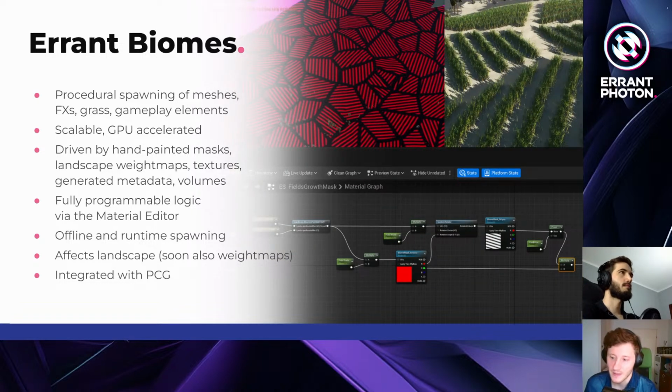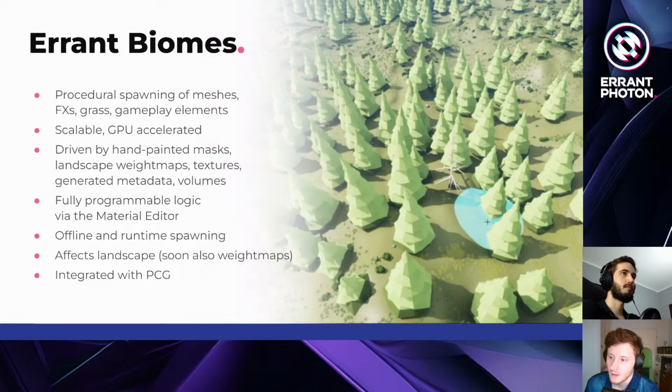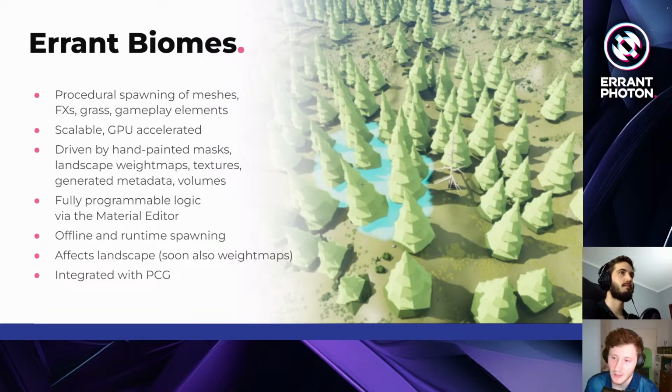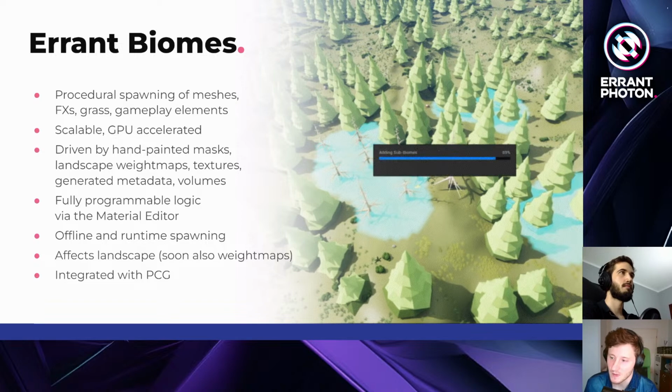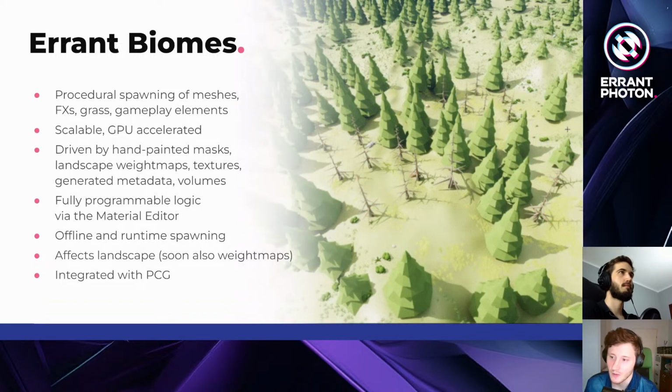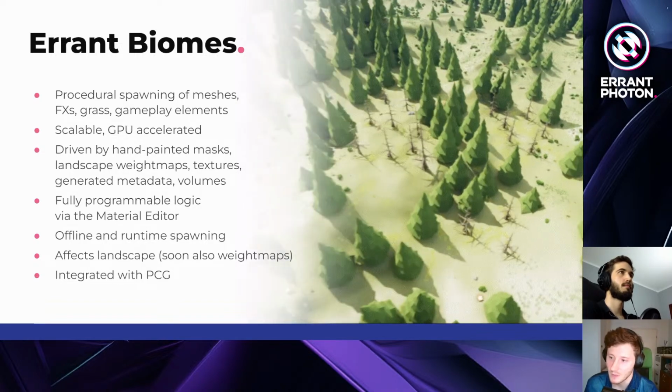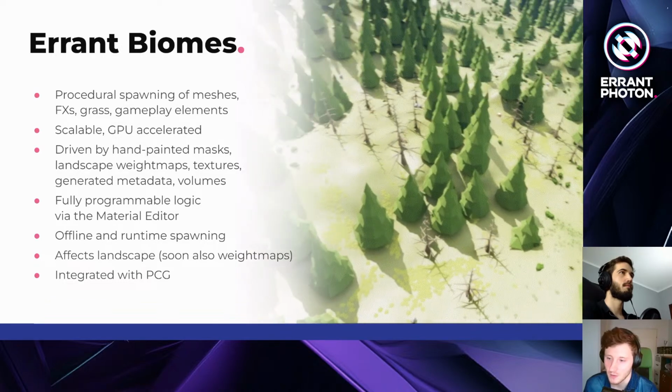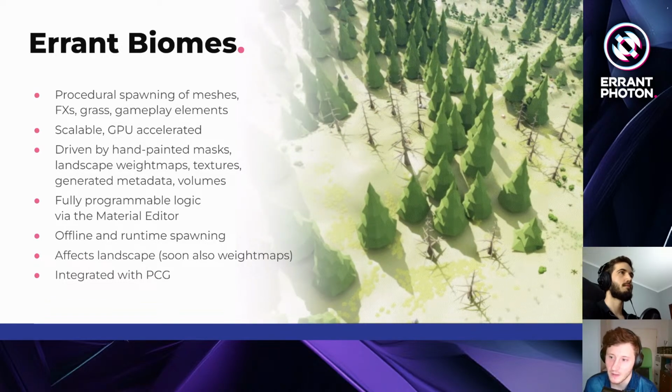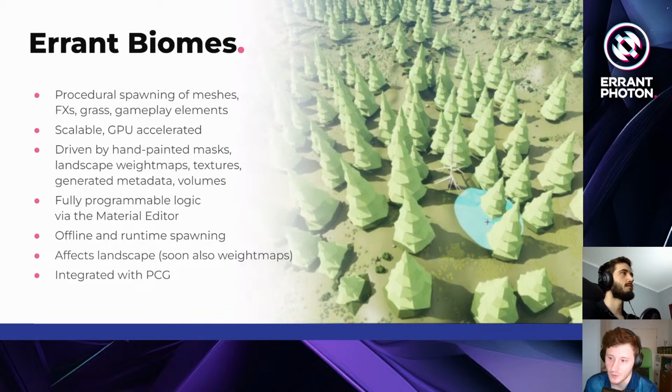This is texture plus procedural logic, so you can do any kind of logic, and here we have a field made this way. Here we have a hand-painted mask, one of the systems in our tools, and we don't affect the density here, but we affect the mesh selection, so we pick the dead trees instead of the normal trees.